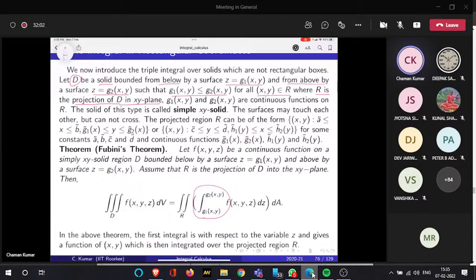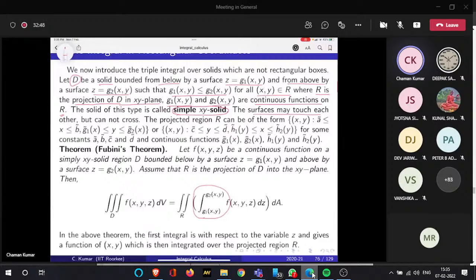Fine. So you have two surfaces, G1 and G2. These surfaces are defined on the projection R of the domain D in such a way that G1 is less than or equal to G2 for all (x,y) belonging to the projection R of the region D. G1 and G2 are also assumed to be continuous functions on R. This type of solid is known as a simple xy solid.